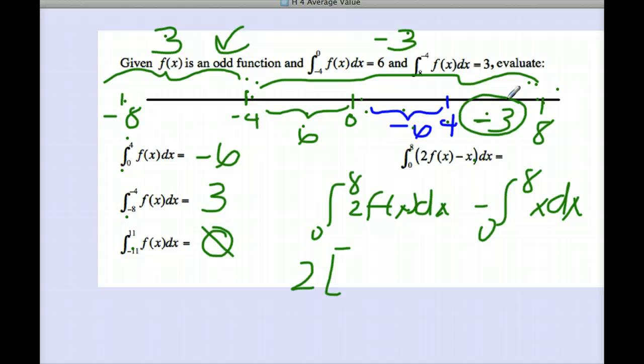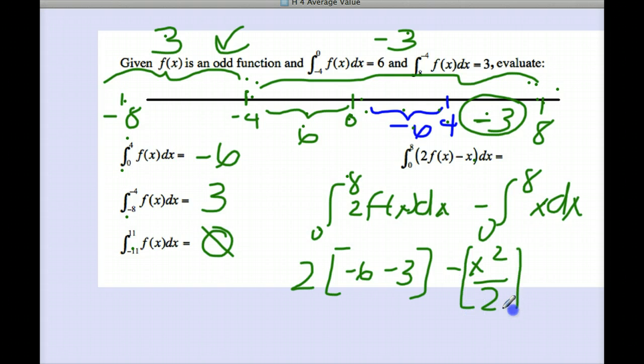So if I look at this, from 0 to 8, I actually go -6 plus that -3, close my parentheses, and on this side I need to solve the integral, so it's x squared over 2, and this goes from 8 to 0.